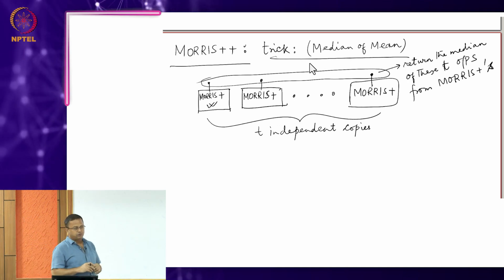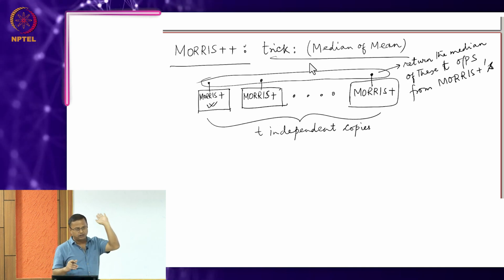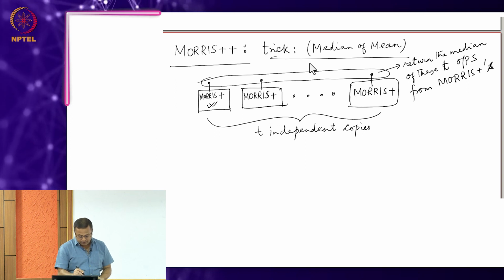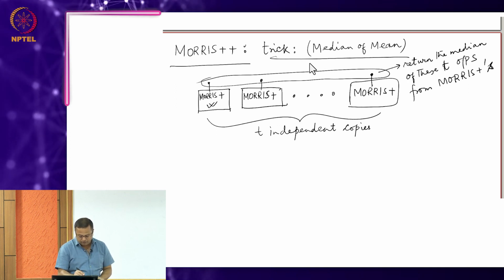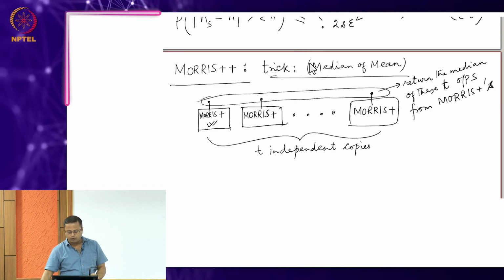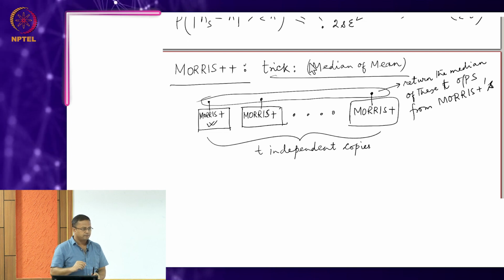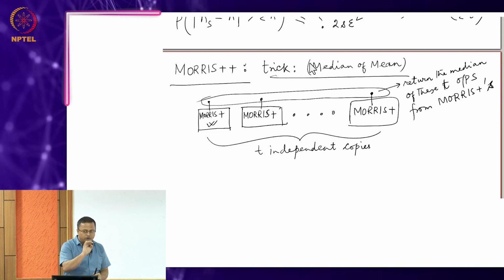Now the error probability is fixed to a delta, say 1/3. Think of delta as a constant. Each Morris plus takes a space of about 1 by epsilon square. Why am I insisting on delta being a constant?